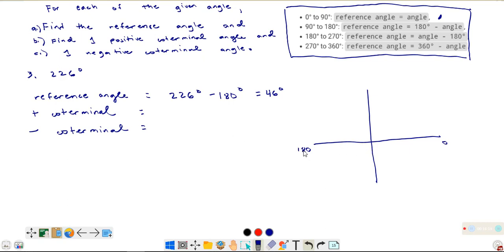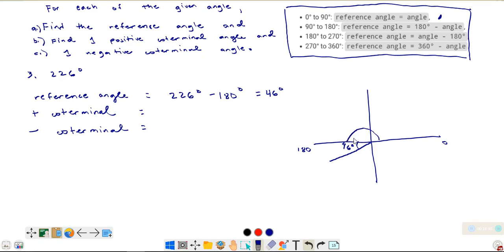The closest x-axis is the negative x-axis. So, dapat dito tayo magdodrawing ng 46 degrees. Ayan. Around ganito yung laki nung 46 degrees. Kuha tayo ng positive na coterminal. Ang dali lang niya.